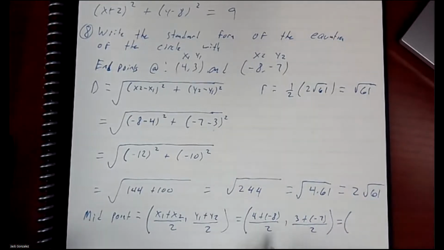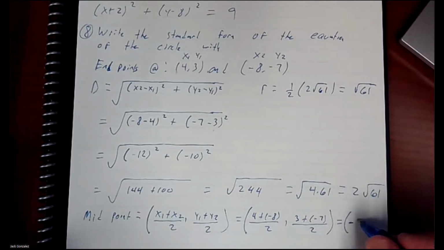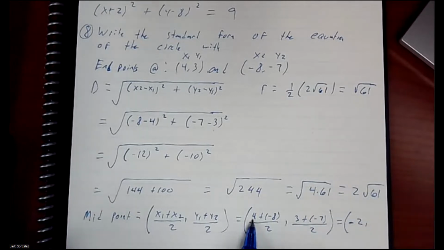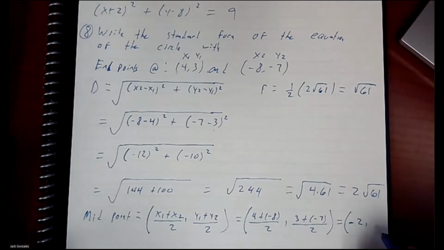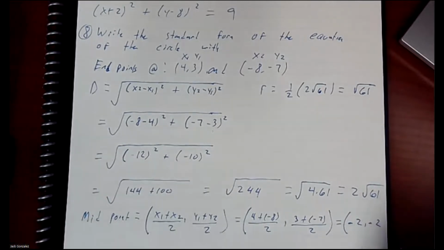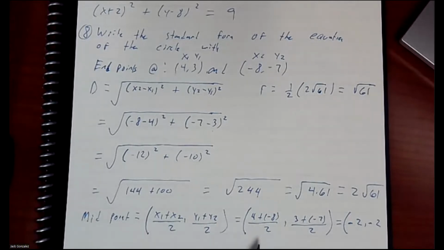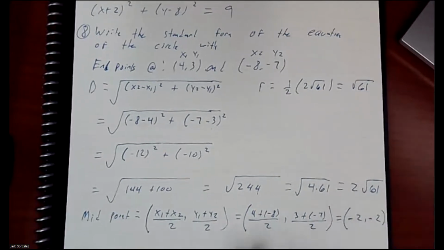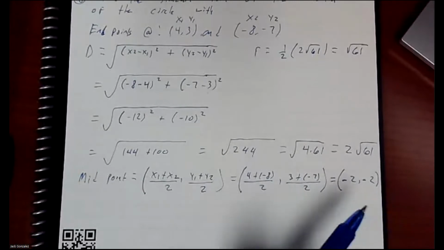So that will be -2 comma, right? 3 minus 7 is -4 divided by 2. 4 plus -8 is -4 divided by 2. Yeah, so here's my center.